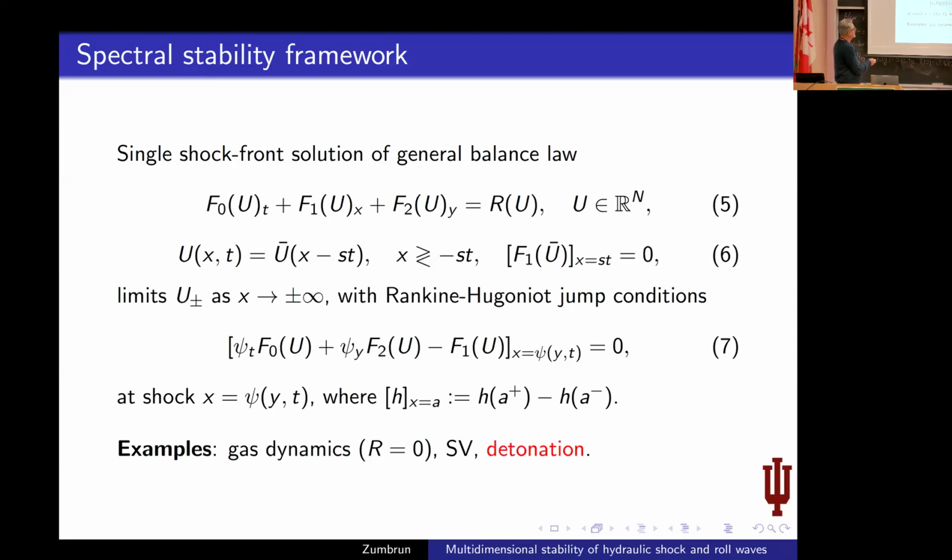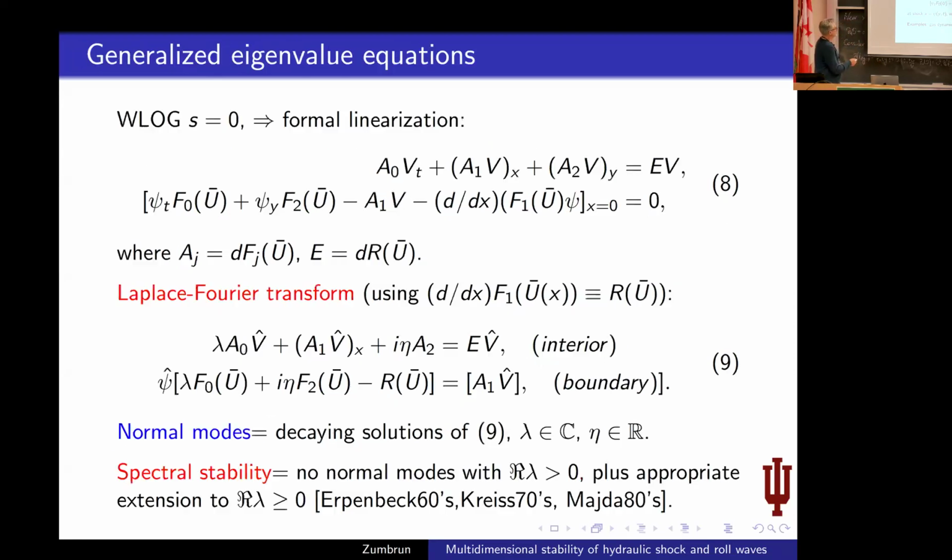There's something interesting here. Let me go one step further. Sorry, that was the nonlinear equations. After linearization, we get an interior equation that just looks like any linear variable coefficient hyperbolic problem.